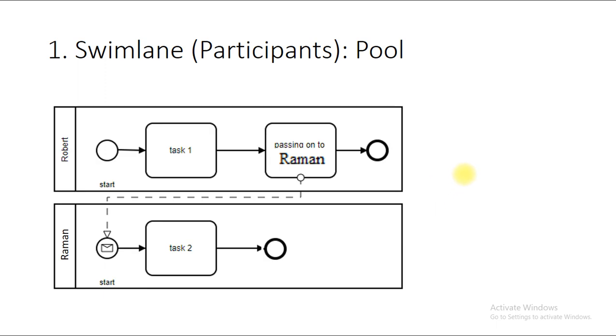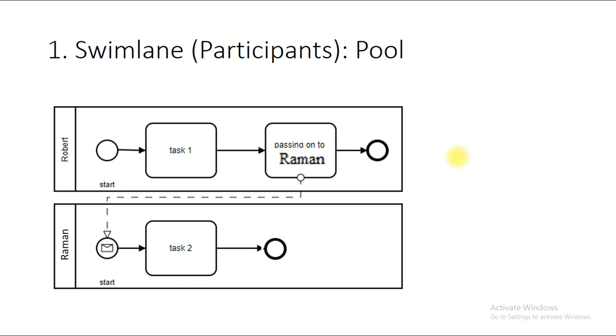So this is an example of how a pool can be used in a collaboration mode. This annotates an example where there exists collaboration between two users involved in a manufacturing process.